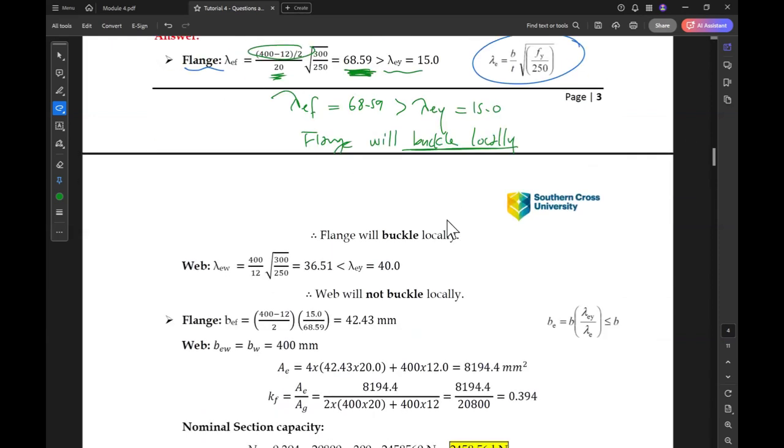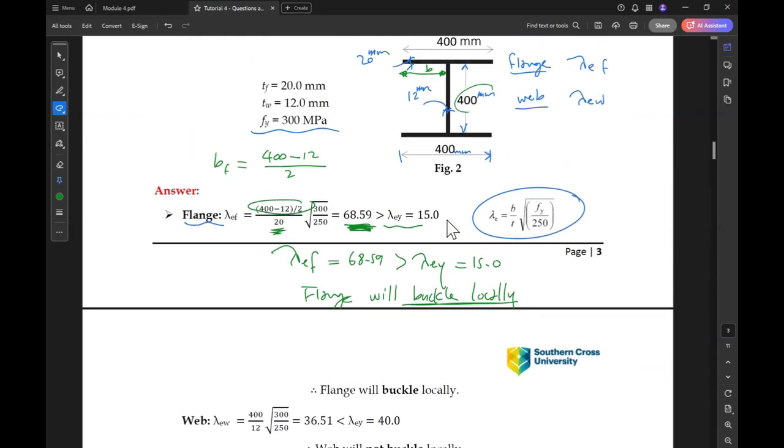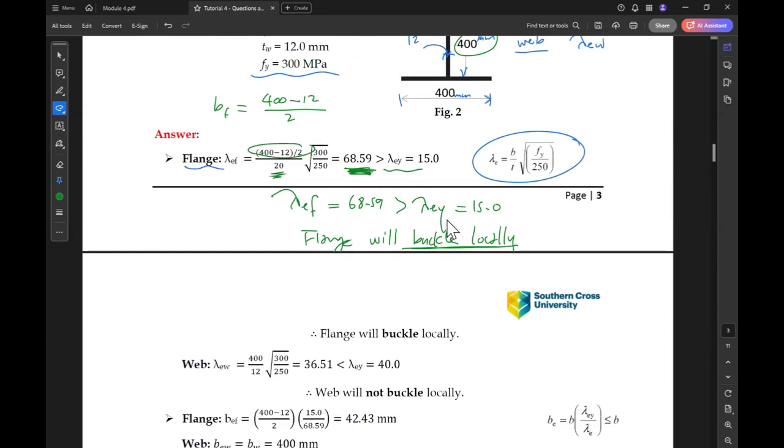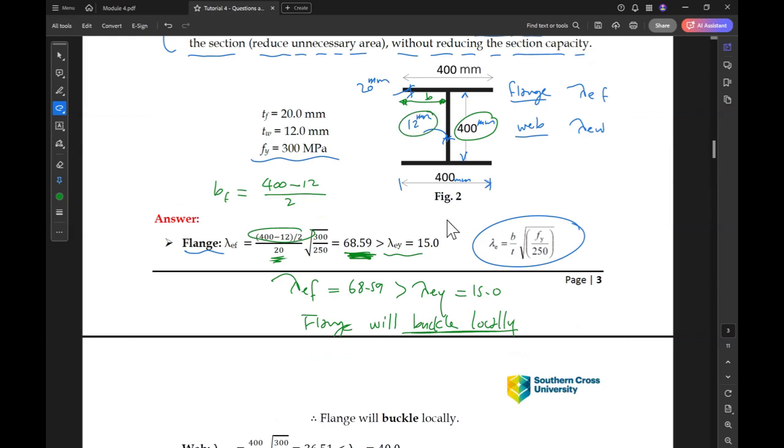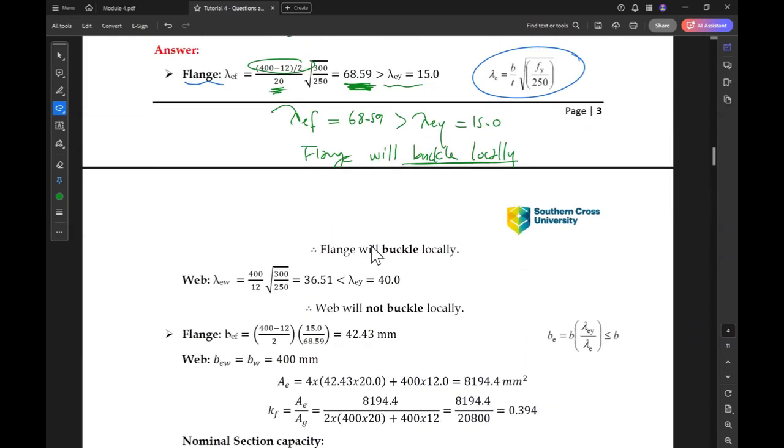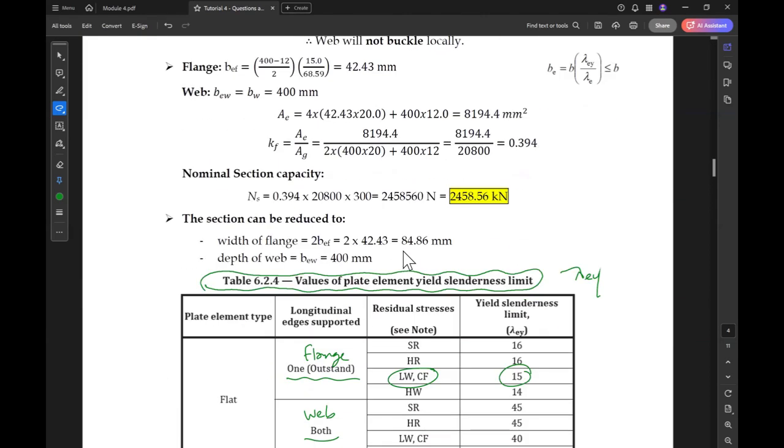For the web, similarly, the web here is 400 and the thickness of the web is 12 millimeters. So lambda E web will be equal to 400 over 12 times root of 300 over 250, which is 36.51.